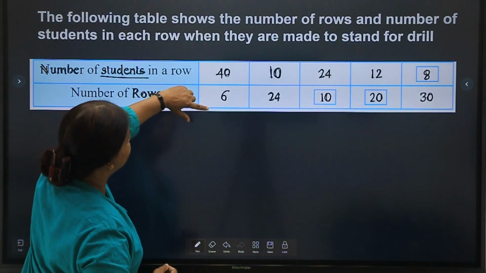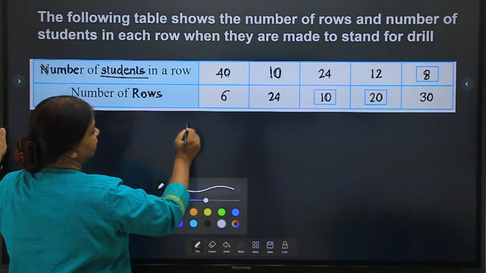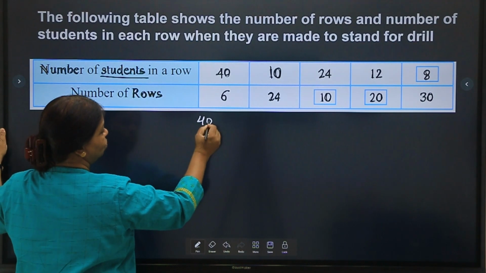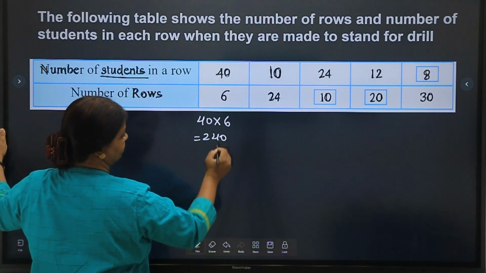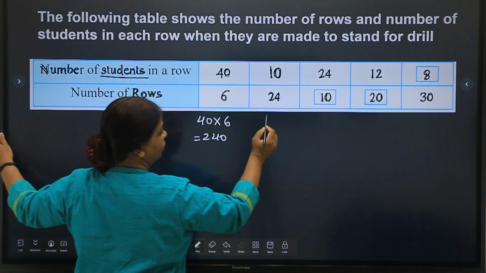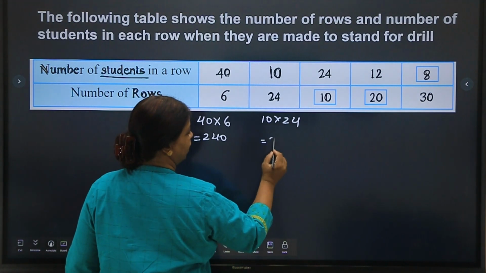Let us multiply. What do I get? 40 into 6, 240. 10 into 24, 240.